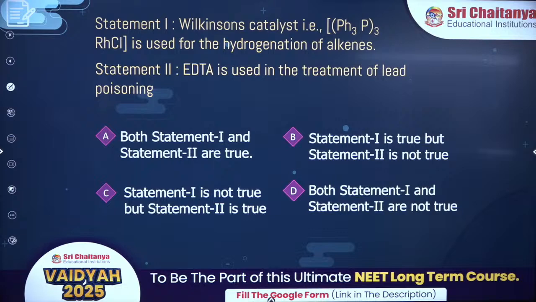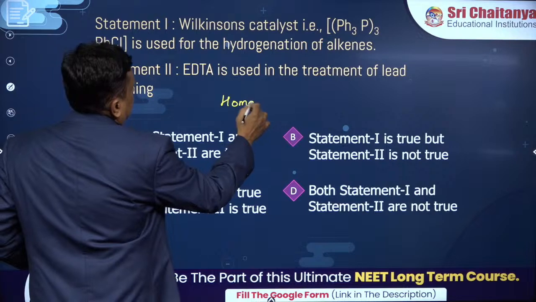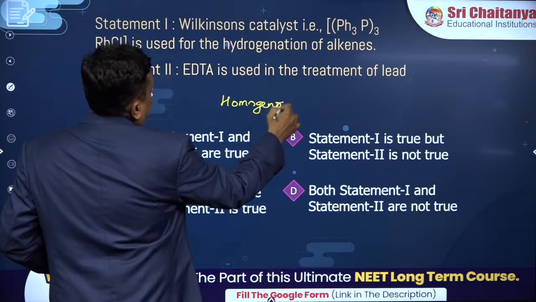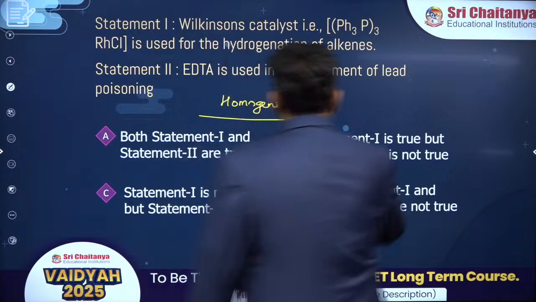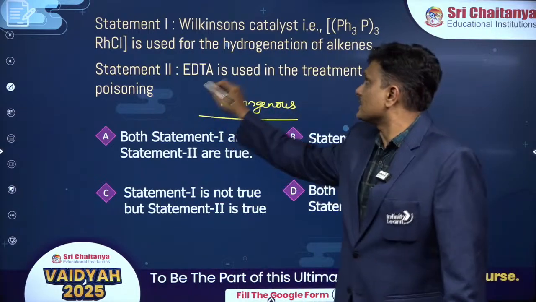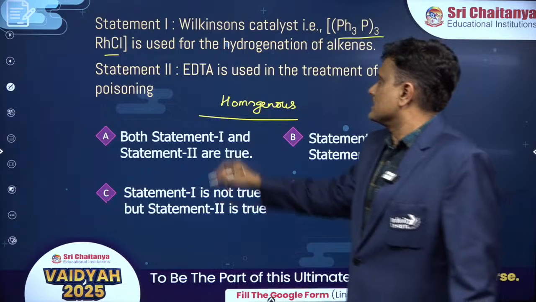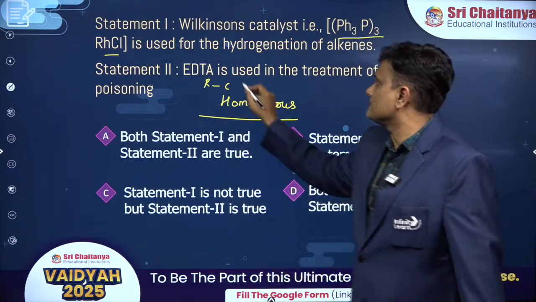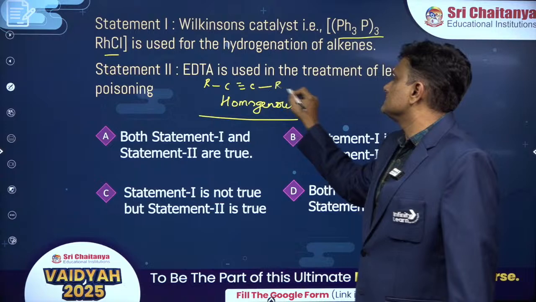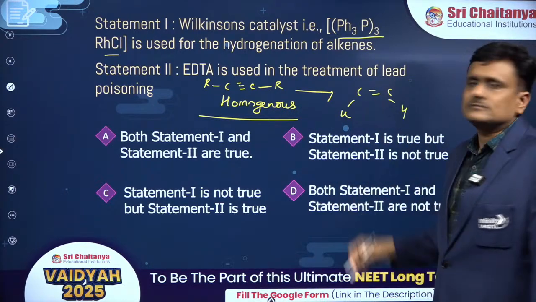Next, Wilkinson catalyst, right? It's also called a homogeneous catalyst because it brings everything in the same physical state. The purpose of this homogeneous catalyst, that is Wilkinson rhodium triphenyl phosphine chloride, is to convert an alkyne into cis alkene.